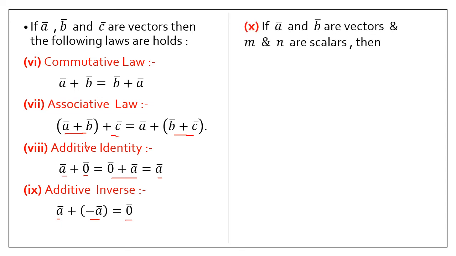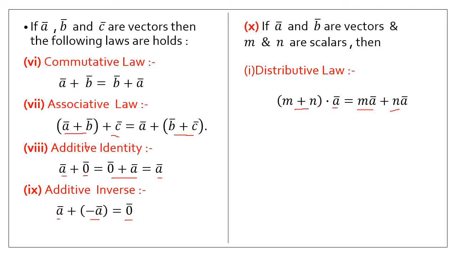Then next is, if A bar and B bar are vectors and M and N are scalars, then the distributive law is M plus N into A bar gives us M A bar plus N A bar.